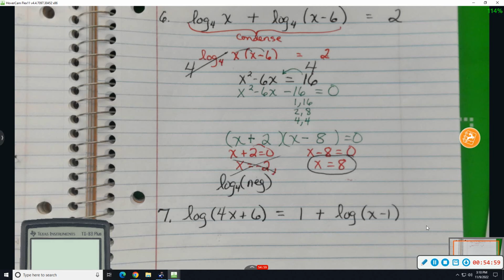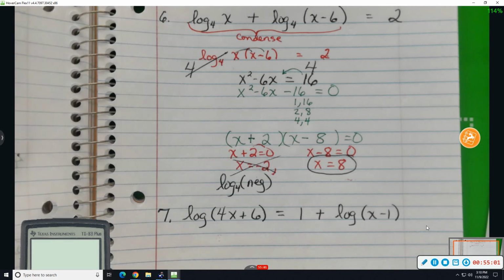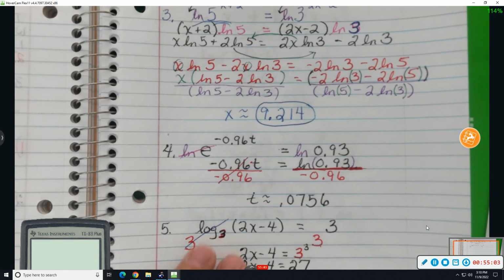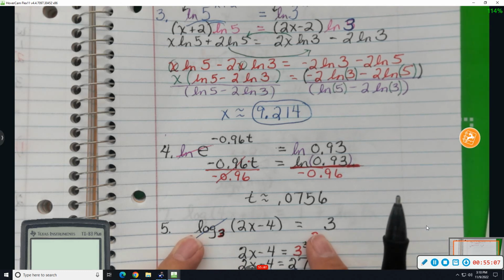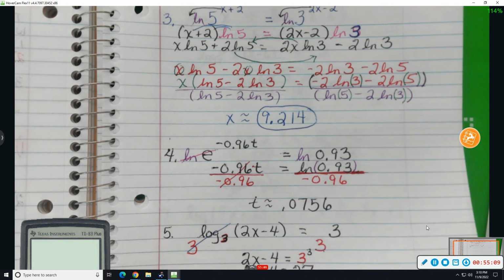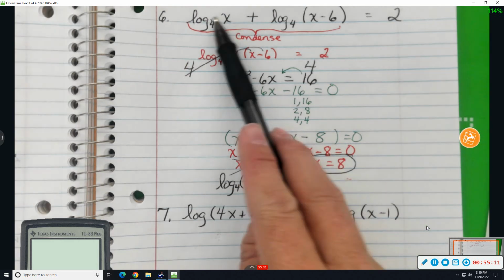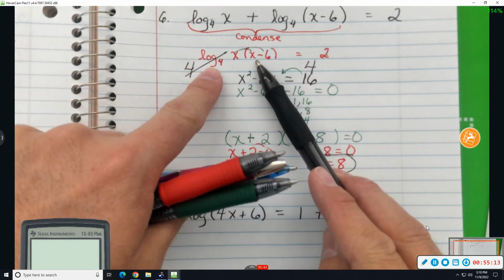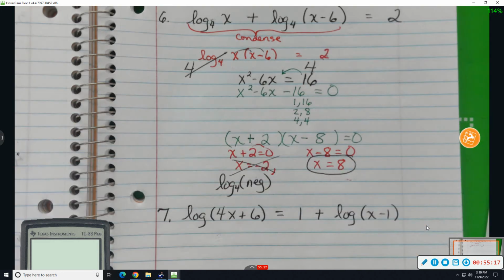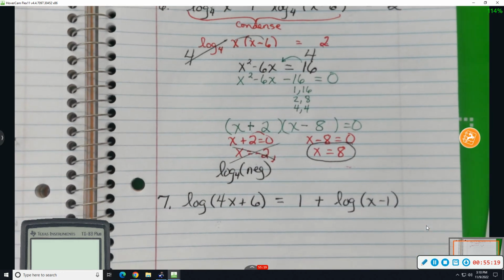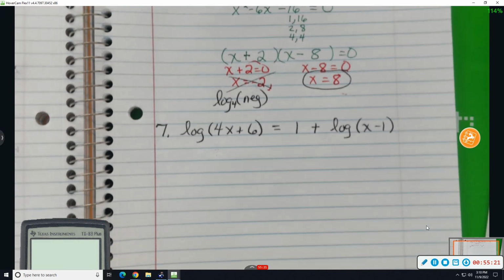To solve a logarithmic equation, you must ultimately have it written with one logarithm on the left, a number on the right. If you have two logarithms on the left, you've got to do the little condensing rule to get it down to just one. Well, number 7 has one extra step that none of the others did.